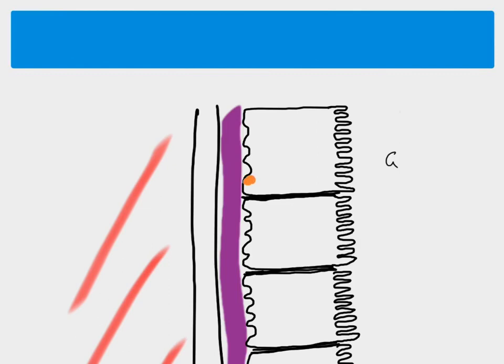Now the first stage of this process happens in the basal membrane, and what we've got here is a sodium-potassium pump. So this sodium-potassium pump in the basal membrane, and there will be lots of them all along here, and that's partly why we need a big surface area, because it means we can have more of these sodium-potassium pumps. The job of this is to pump sodium from inside the cell out into the capillary.